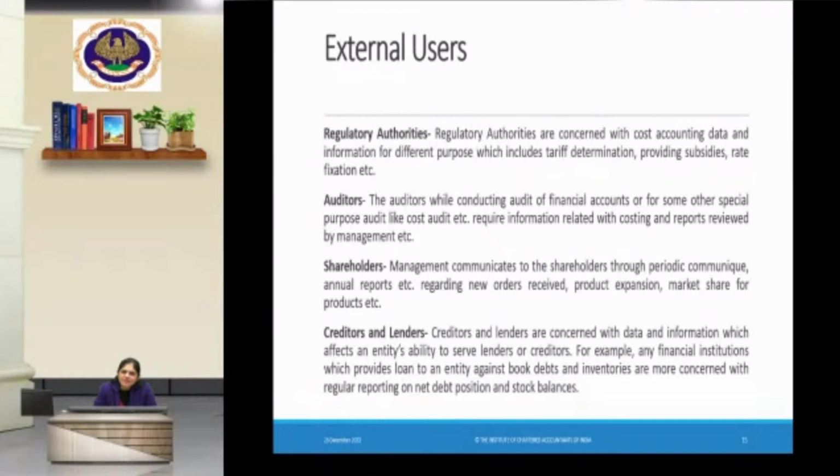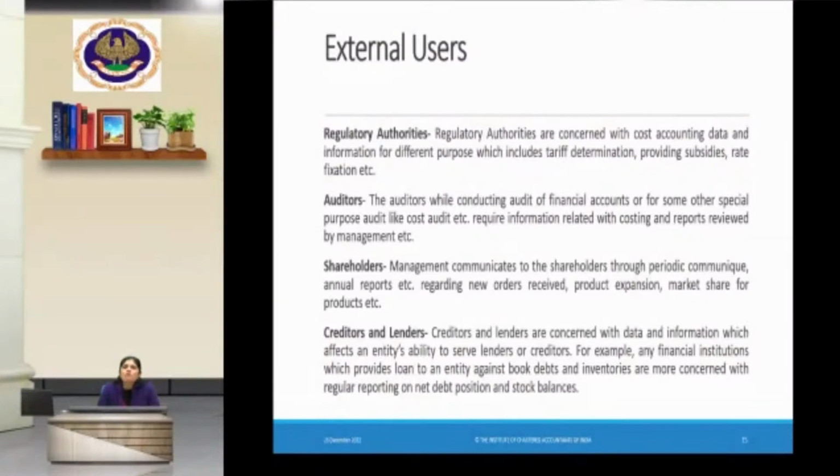And creditors and lenders, of course. Creditors and lenders are concerned with data and information which affects an entity's ability to serve lenders or creditors. For example, any financial institution which provides a loan to an entity against book debts and inventories. So let us say somebody is going to give me a loan and they want to give the loan against the inventory I'm maintaining.